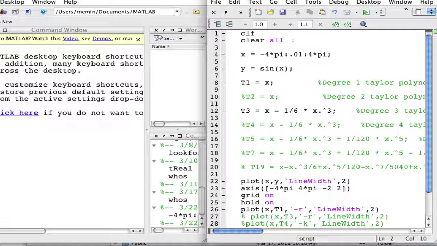Resets everything. Good. Right here, x is equal to -4 pi to 4 pi. And what does the 0.01 in the middle represent? Remember you did x equals a colon h colon b. What does h do? The number in the middle.